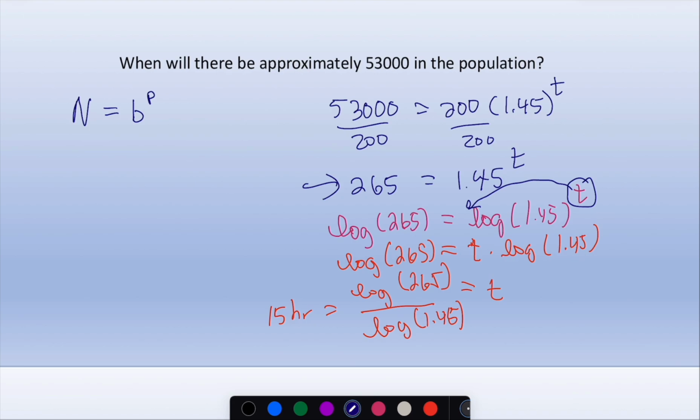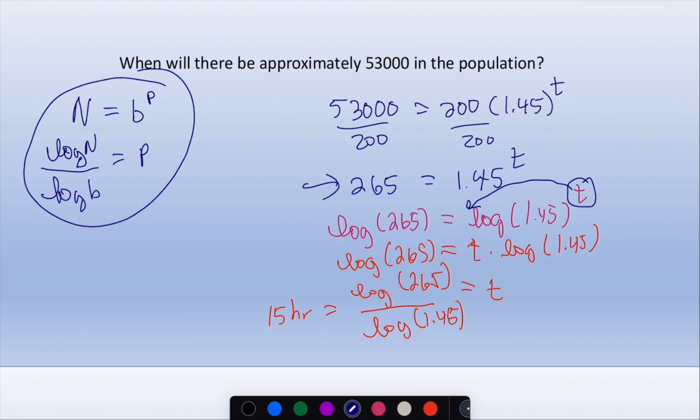We know that the log of the number divided by the log of the base is equal to the power. So that's a nice little formula that you can use to solve for when your unknown is your power.